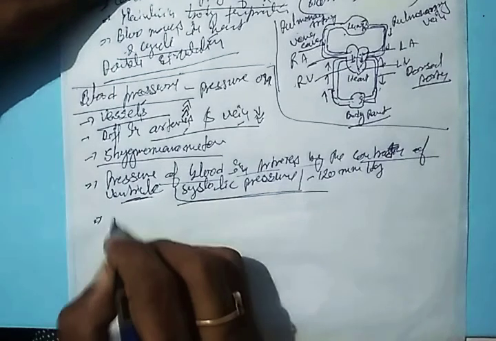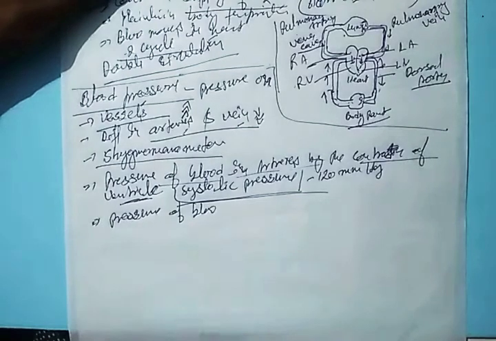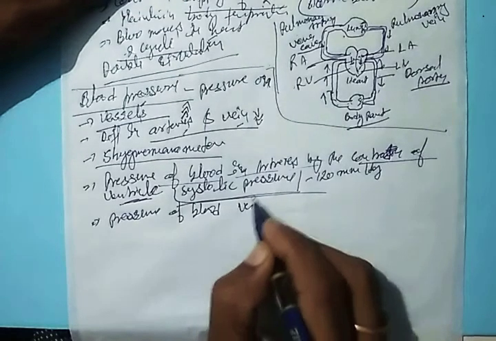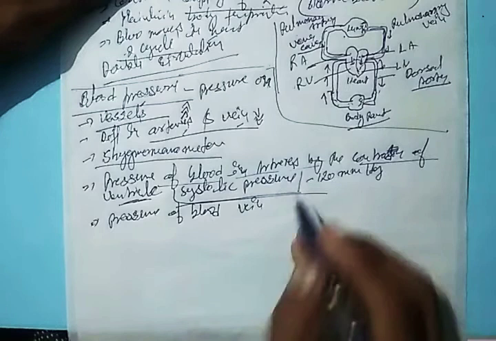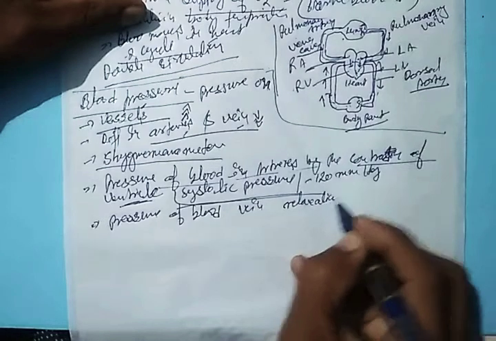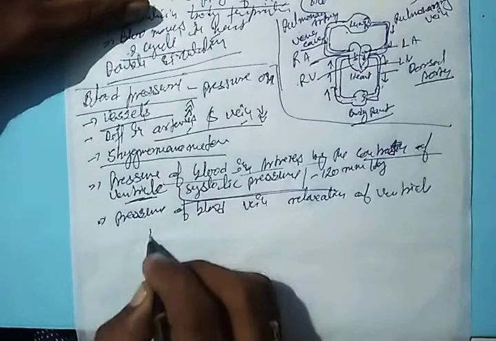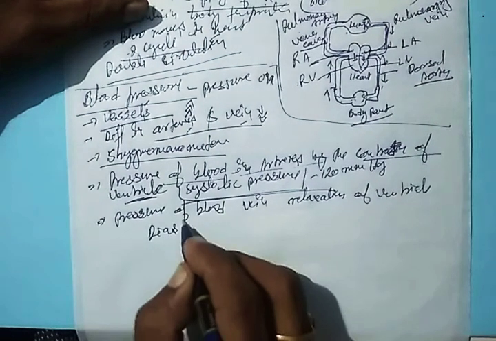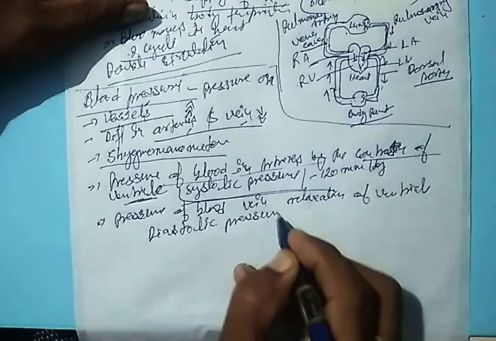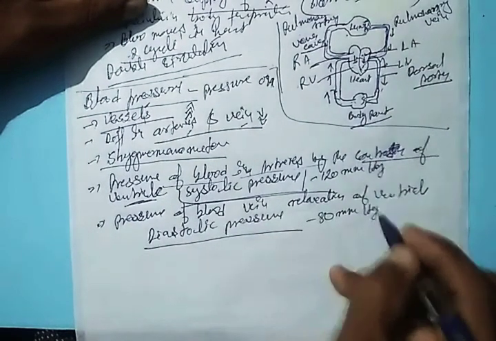Again, the pressure of blood in veins by the relaxation of ventricle is called diastolic pressure. It is about 80 mmHg.